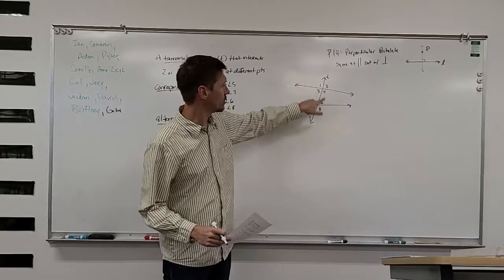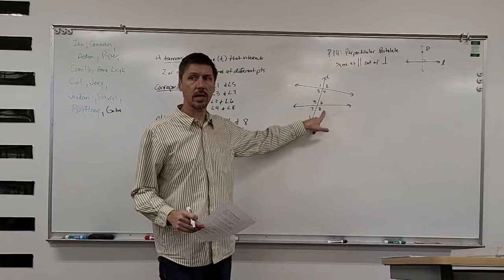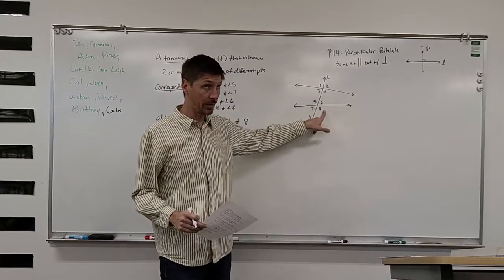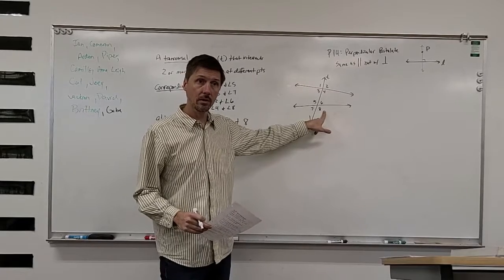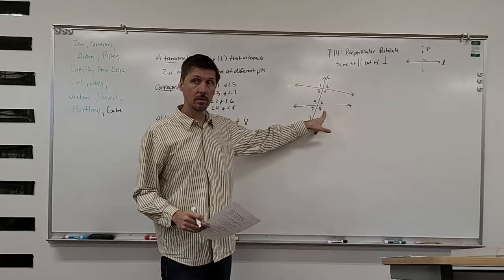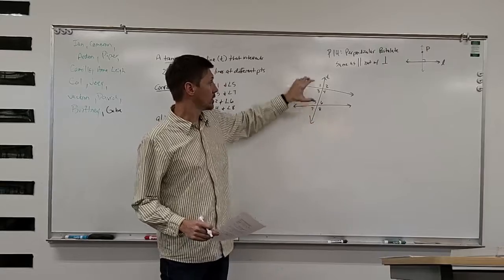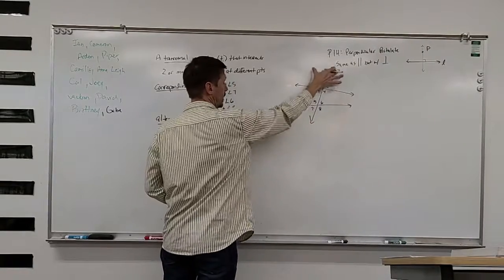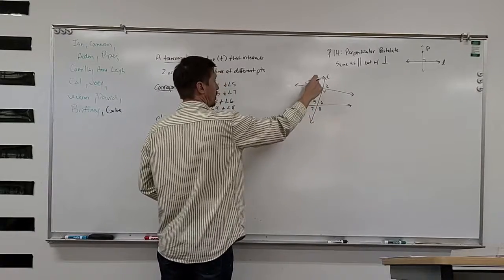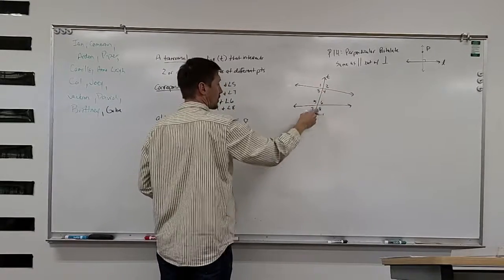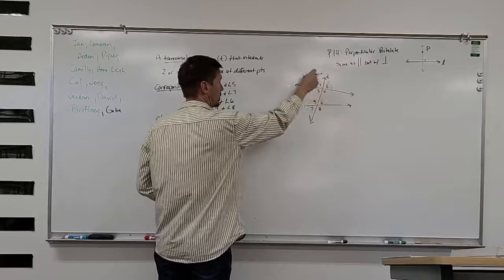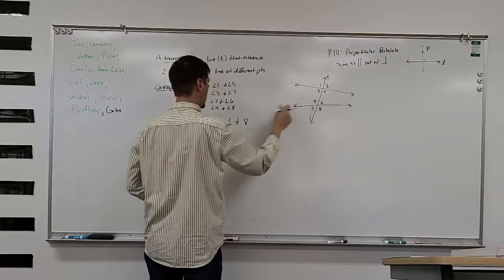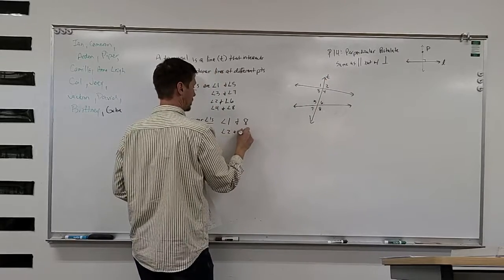If these are my alternate exterior, somebody else want to take a stab at what my other alternate exterior angles are on this diagram? 2 and 7, right? So it's exterior. If you think about our drawing, these angles are on the outside of it, right? They're exterior. But they're not on the same side of the transversal, and so we call them alternate. These two are alternate exterior angles, and then 2 and angle 7.